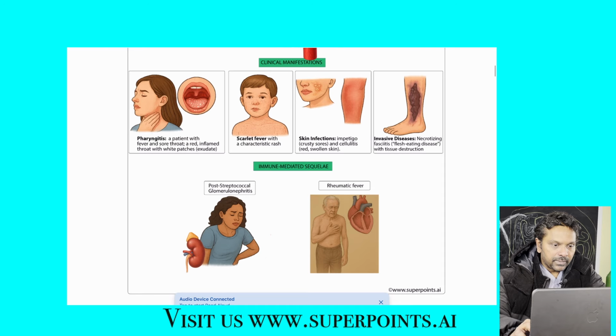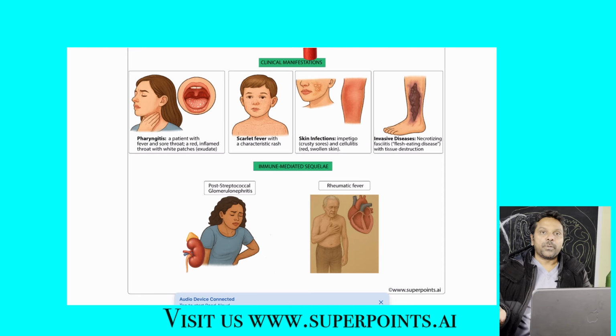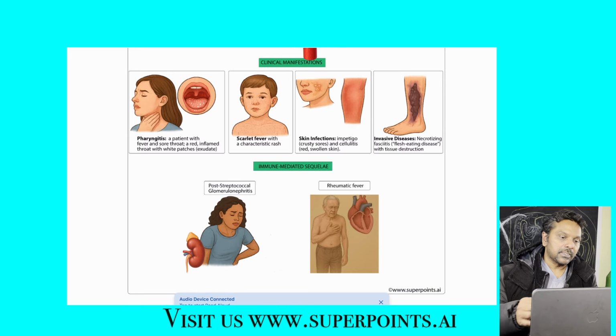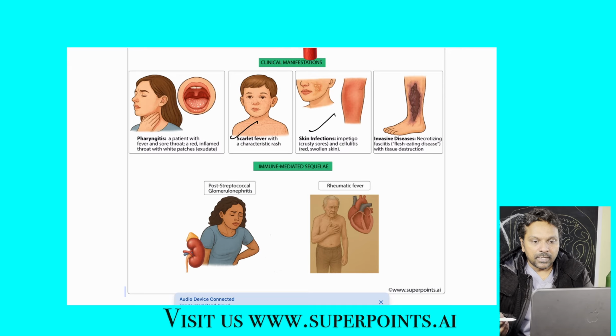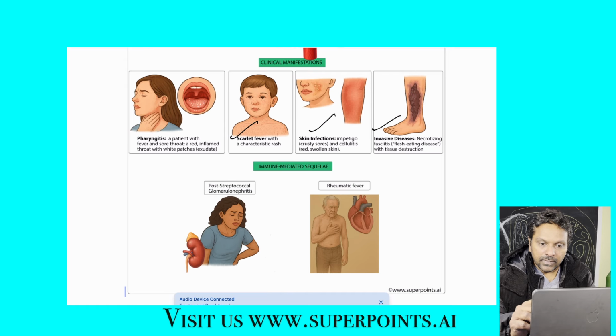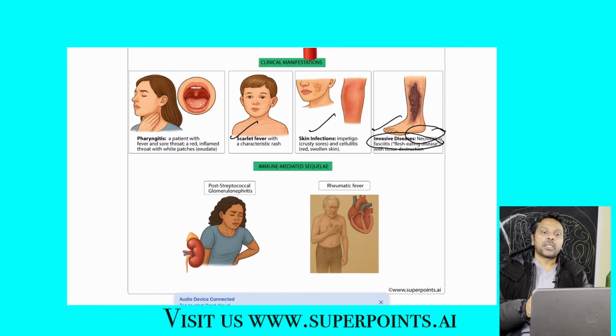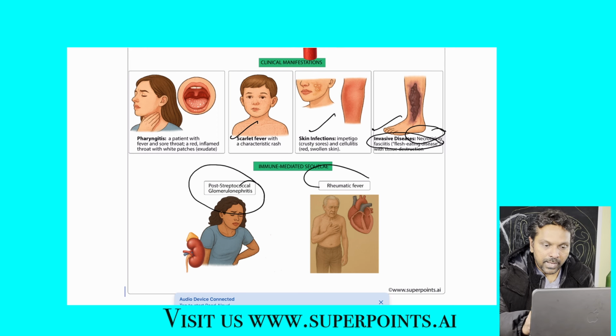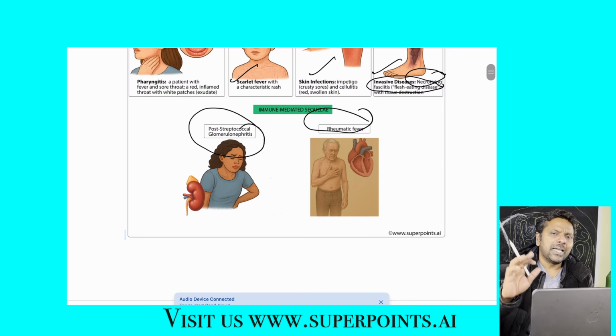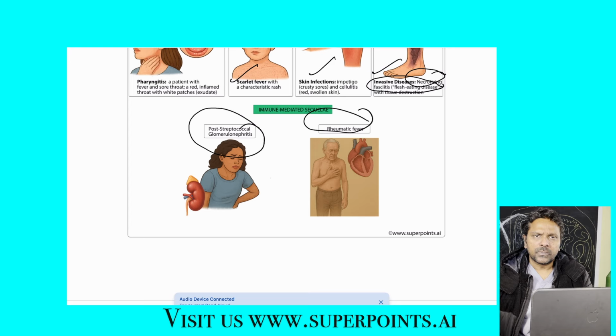The clinical manifestations, the most common thing, it presents with pharyngitis, and then there is scarlet fever, skin infections like impetigo, and we have cellulitis causing red and swollen skin, invasive disease like necrotizing fasciitis with tissue destruction. Then there are immune-mediated sequelae like post-streptococcal glomerulonephritis and rheumatic fever. You see, these are highly, highly important things to remember.